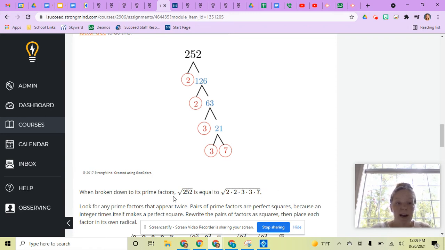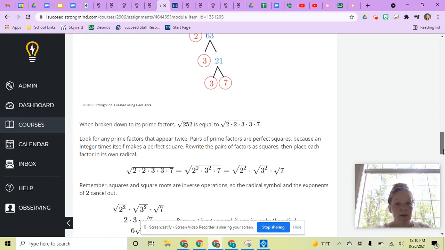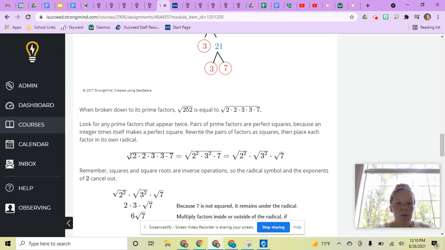So we are going to look for any prime factors that appear twice. Pairs of prime factors are perfect squares because an integer times itself makes a perfect square. So rewrite the pairs of factors as squares, and place them in their own radicals. What this means is they have 2 squared like this, 3 squared, and then 7.